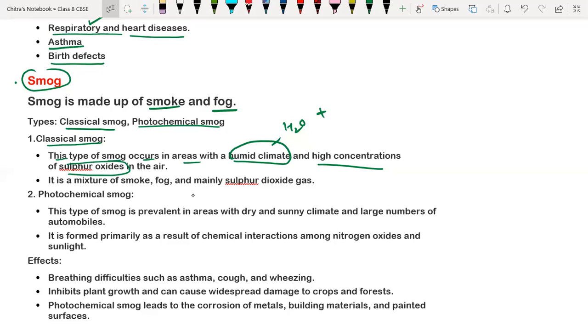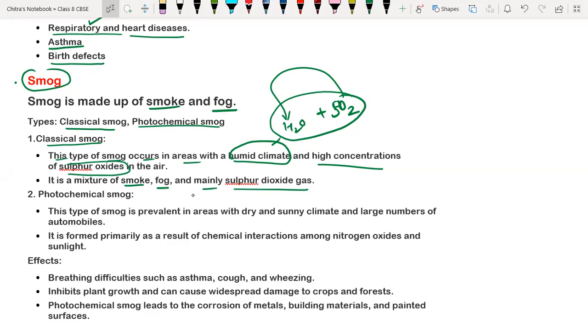So water plus sulfur dioxide. If sulfur dioxide is present in humid air, it causes classical smog. It is a mixture of smoke, fog, and mainly sulfur dioxide gas. This is called classical smog.